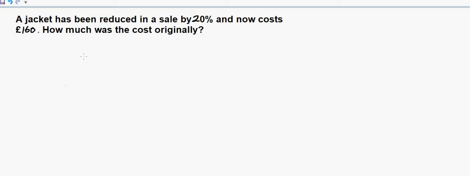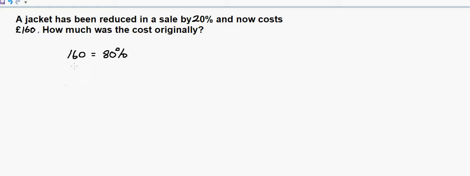So what we know is that if the jacket has been reduced by 20%, then the £160 is 80% of the original price, because 20% from 100 gives us 80%, 100% being the original cost.